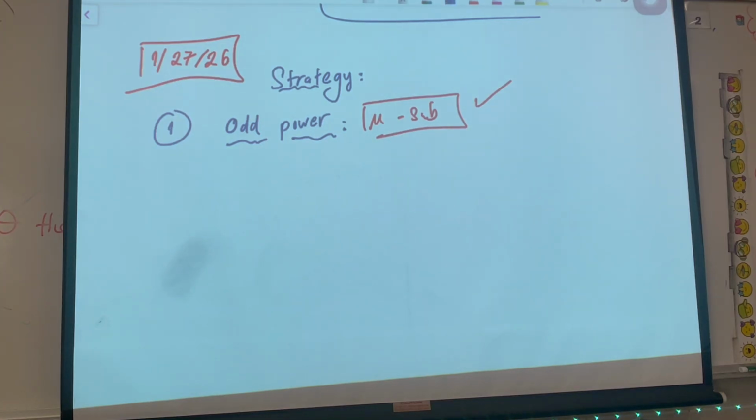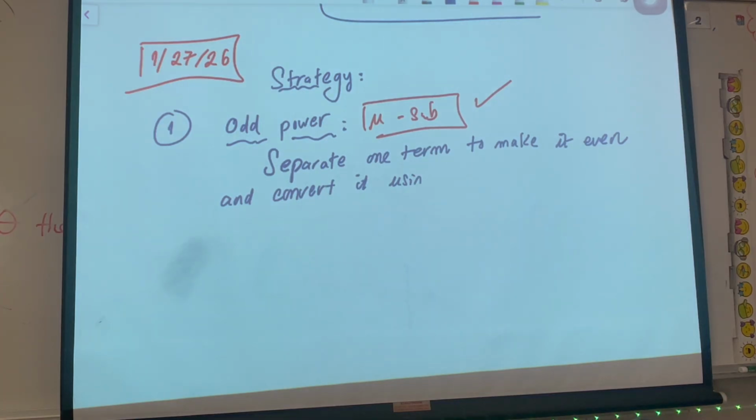Break one, separate one term to make it even, and convert it using sine square plus cosine square is 1.